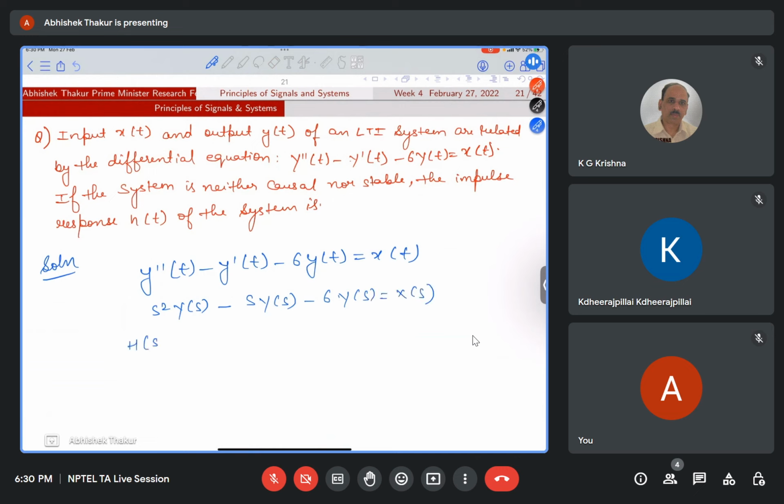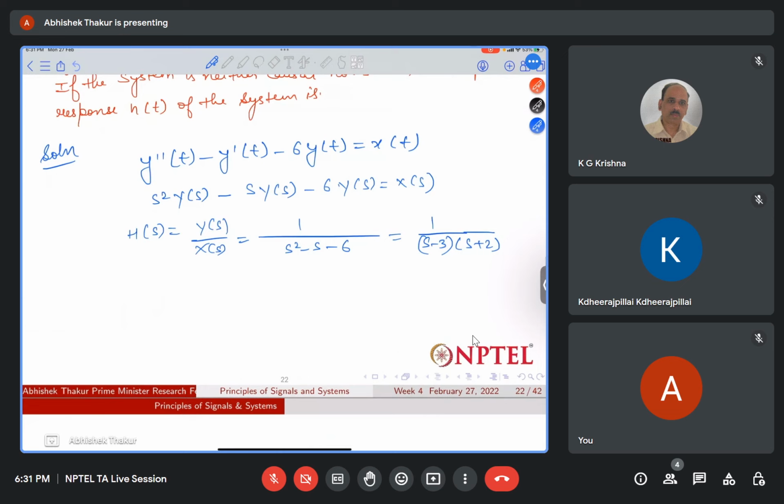Now the transfer function H(s) is equal to Y(s) by X(s), which can be given as 1 by s square minus s minus 6. So we can write s square minus s minus 6 as (s minus 3) into (s plus 2). Minus 3 plus 2 is equal to minus 1, yes, correct. So we can write it as (s minus 3)(s plus 2).